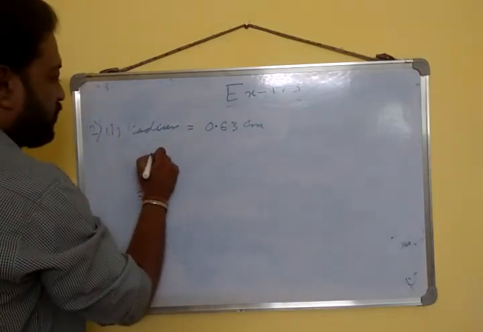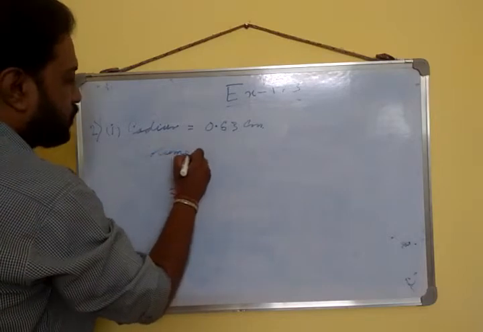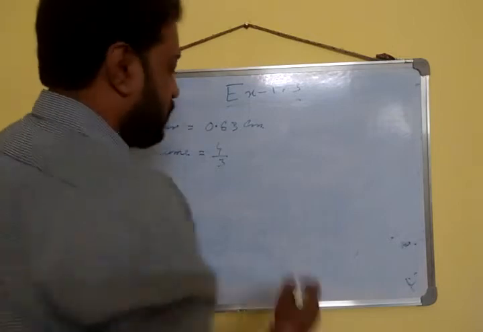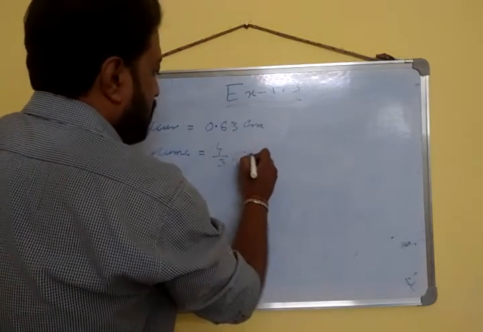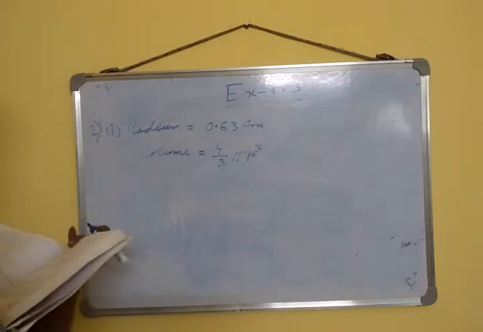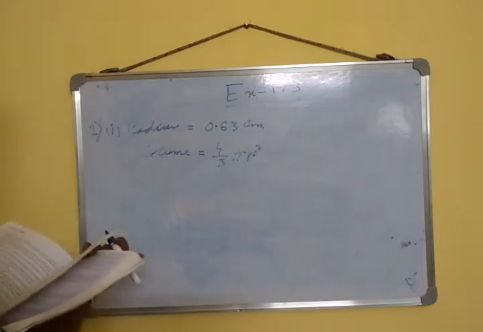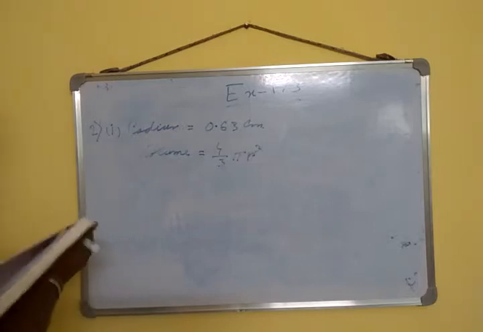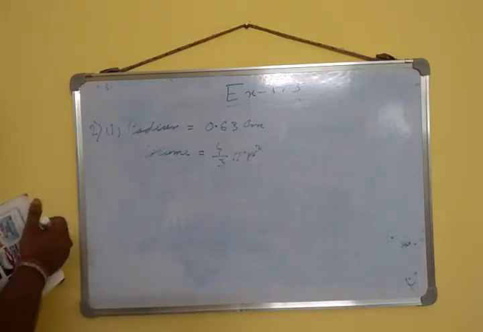So for volume, what is the formula? 4/3 pi r cube. If we simply put the values in the formula, then we can calculate it.